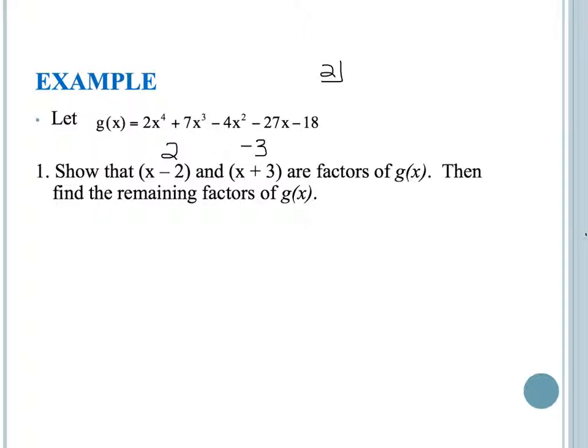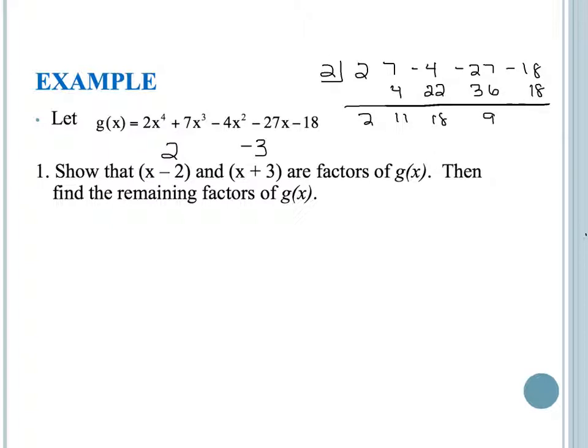So there's 2. Okay, so we bring down the 2 and we multiply by the 2 out in front. And lo and behold, we get a 0 as our remainder.